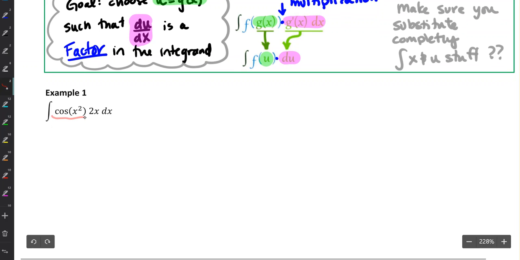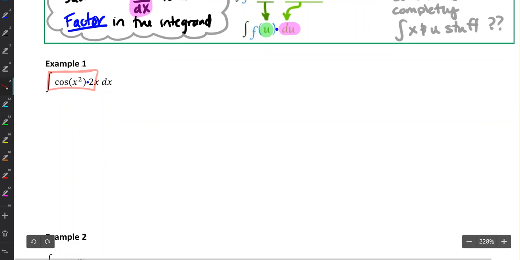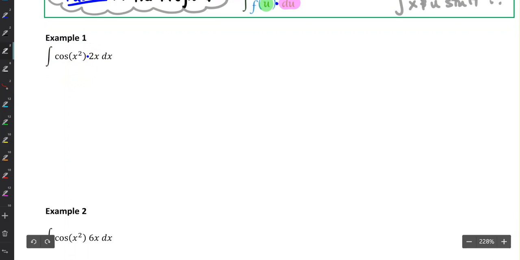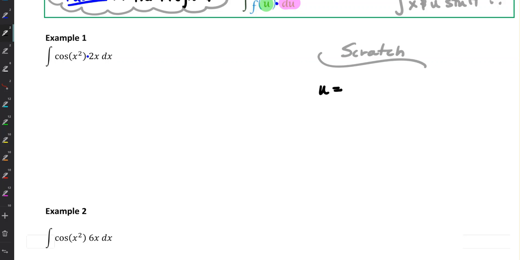All right, so let's go ahead and do an example. Integrate cosine of x squared times 2x. So what this is asking me for is the family of functions whose derivative is cosine x squared times 2x. I'm going to do a u substitution here, a little scratch. I want to choose a u such that when I take its derivative, I see times du.